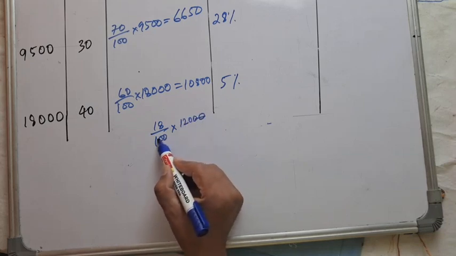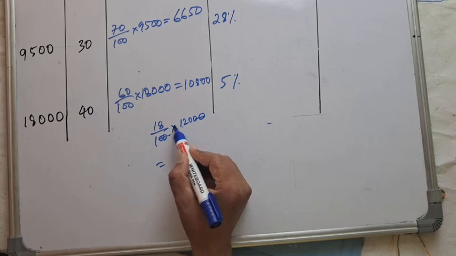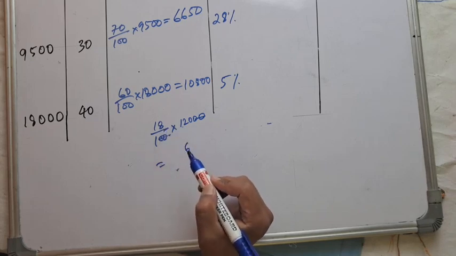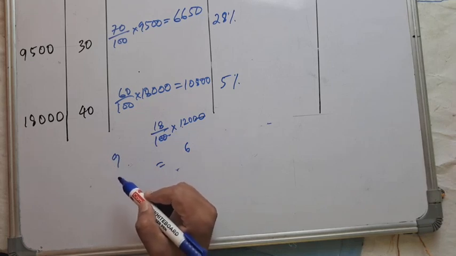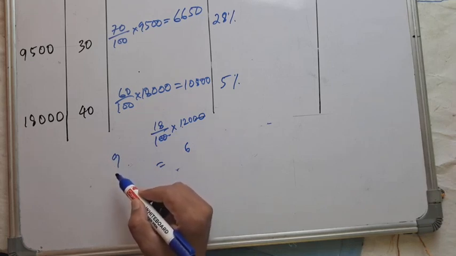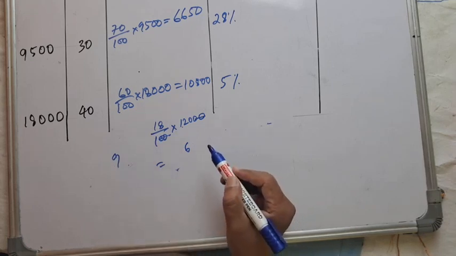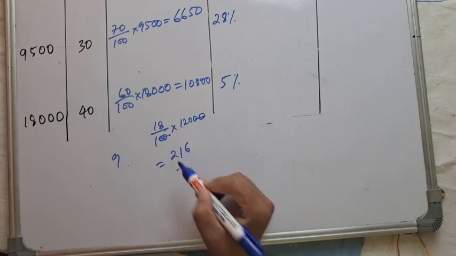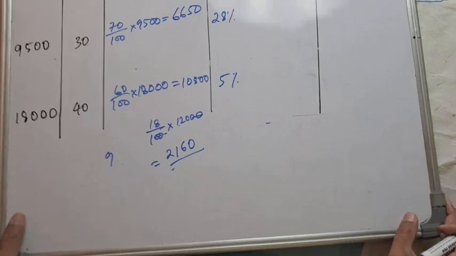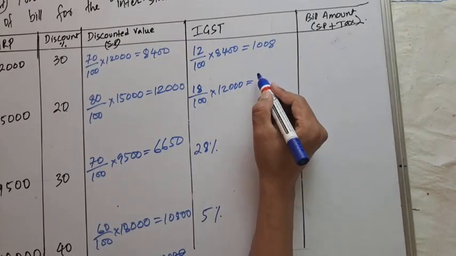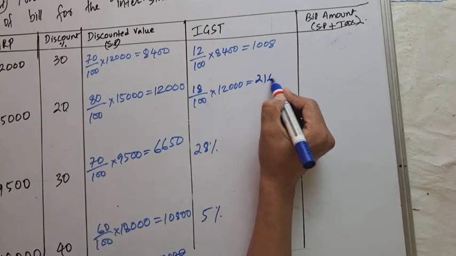Two zeros cancel out. 12 8s are 96, 6, 9 in hand, 12 1s are 12 plus 9, 21, isn't it? 21 we write here, and this 0 we write here. 2,160. Okay, 2,160.